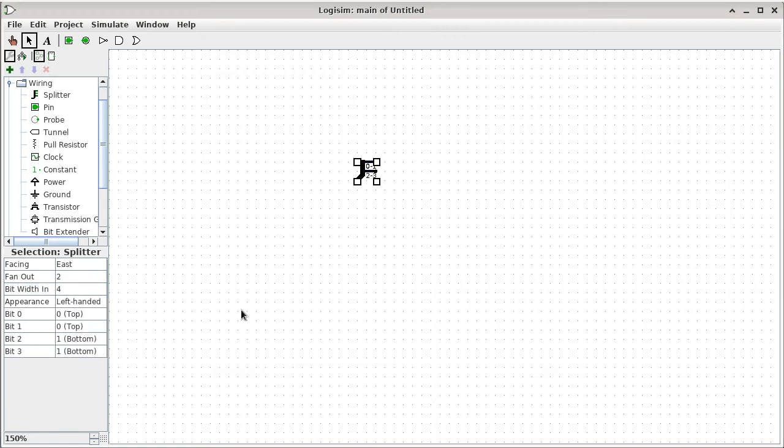There we go. If you choose 4 and 2, that means the merge end has 4 bits, but you're only splitting it into 2 split ends. So what Logisim will automatically do is to do the average thing. 4 divided by 2 is 2. So that's why it's allocating bit 0 and 1 on the top split end, and it's allocating bit 2 and 3 to the bottom split end. Is that okay? Does everybody understand the difference between what's a bit width versus what is a fan out?